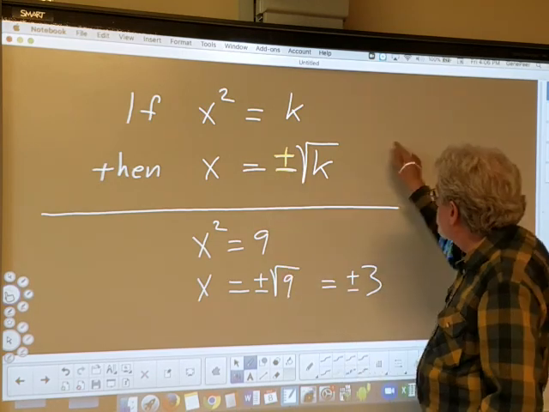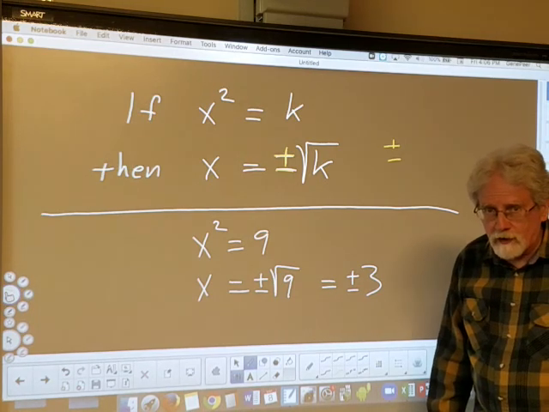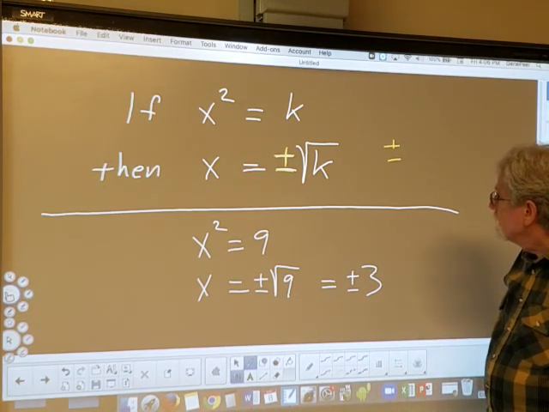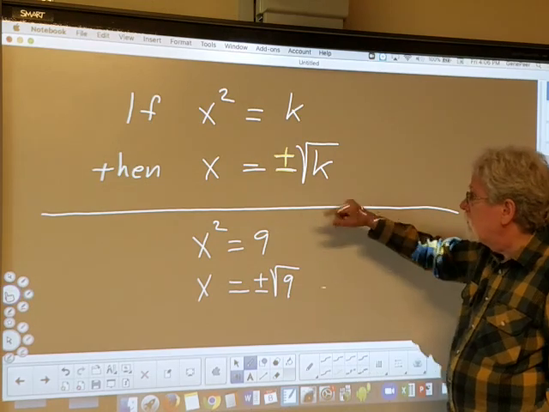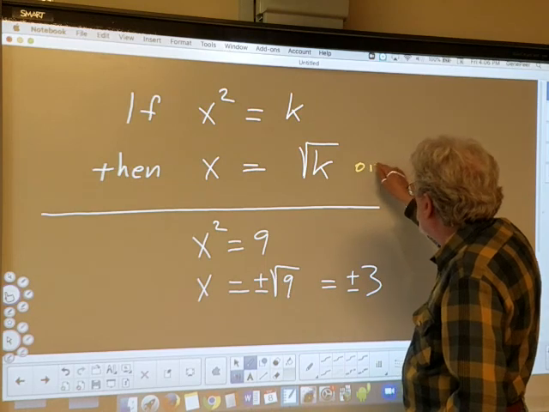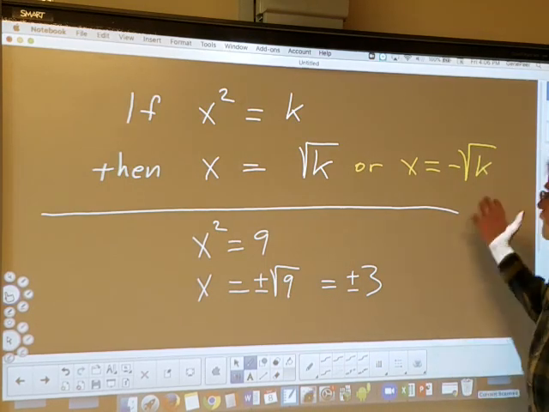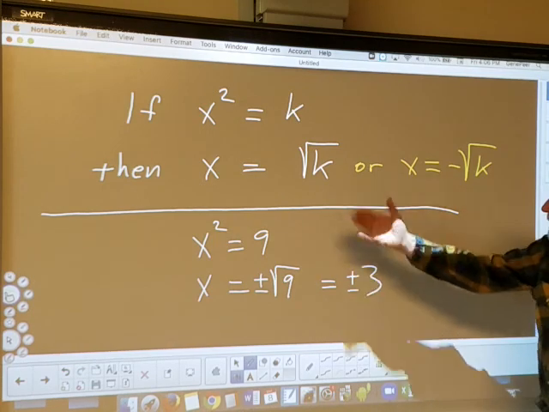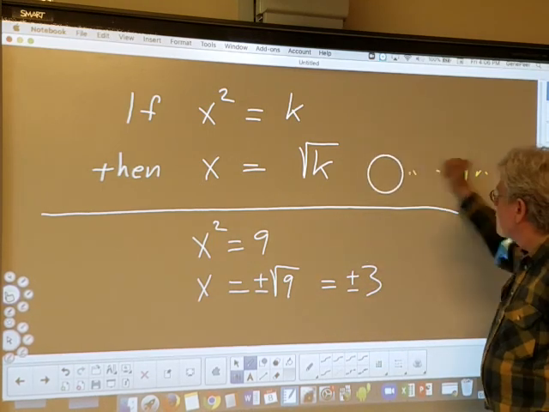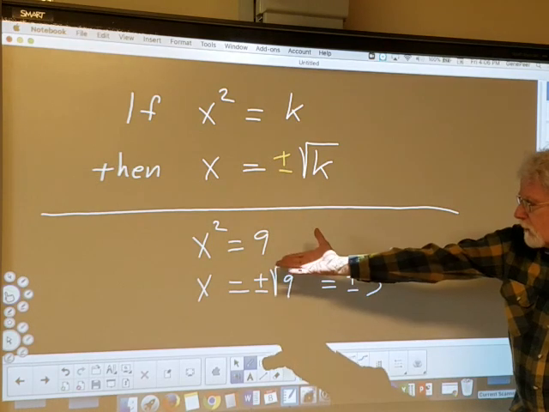And yes, you may use this plus or minus symbol. We read that plus or minus. Or you can write separately, x is the square root of k or x is negative square root of k. You can do that if you want to, but why would you write all that if you can simply write plus or minus?